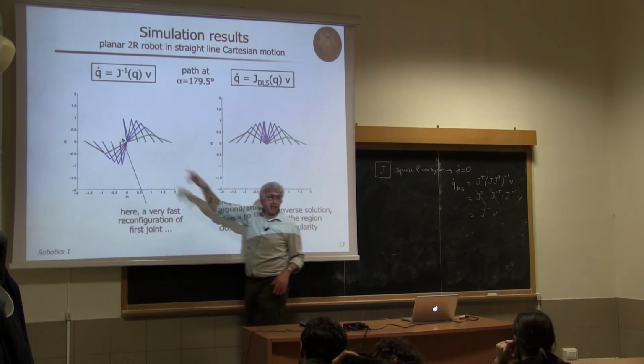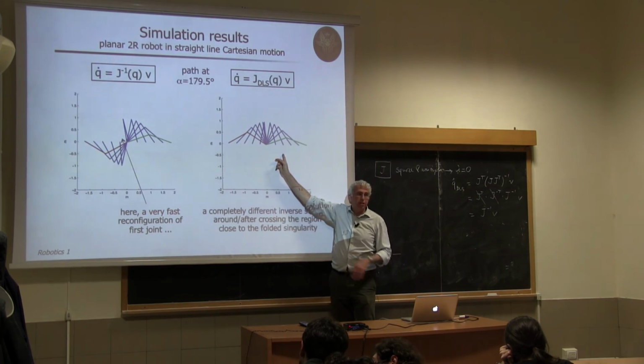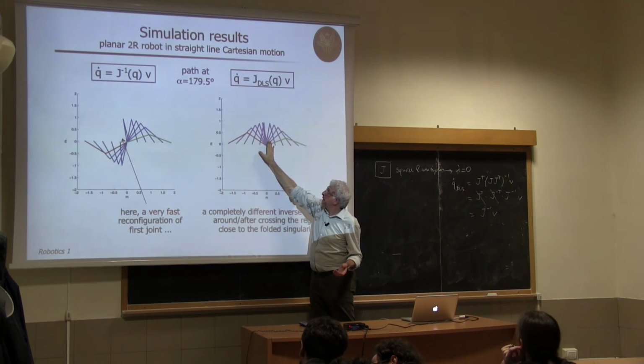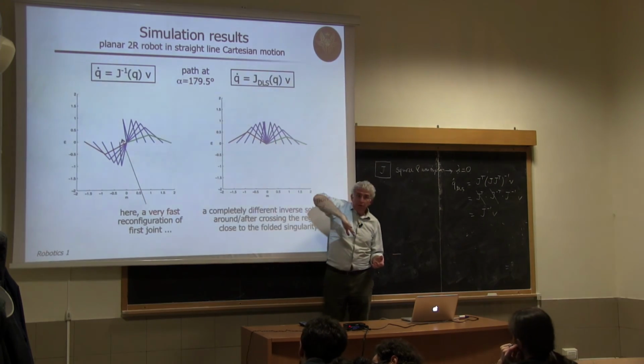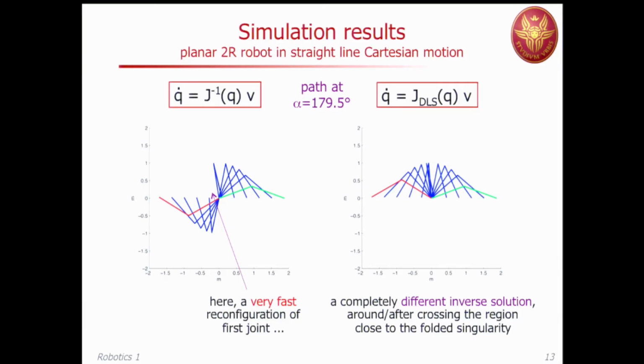It's exactly the same behavior as before. Look what happens with the other solution. It's a completely different behavior. Not far away from the singularity, but when I'm here, the robot folds and then gets out in this other configuration, okay? Exactly symmetric to the previous one.